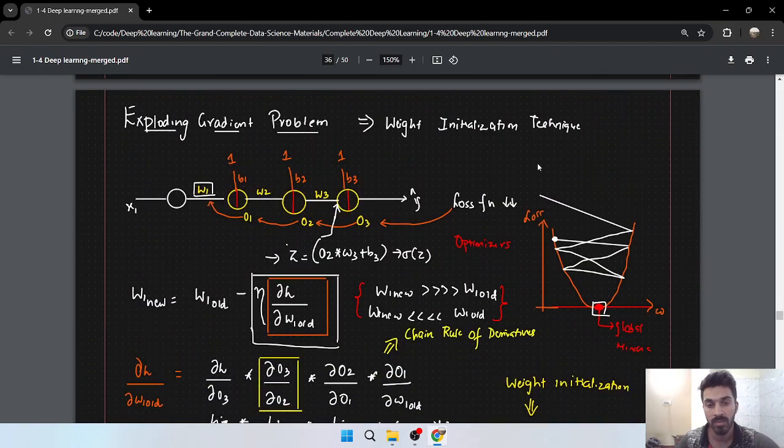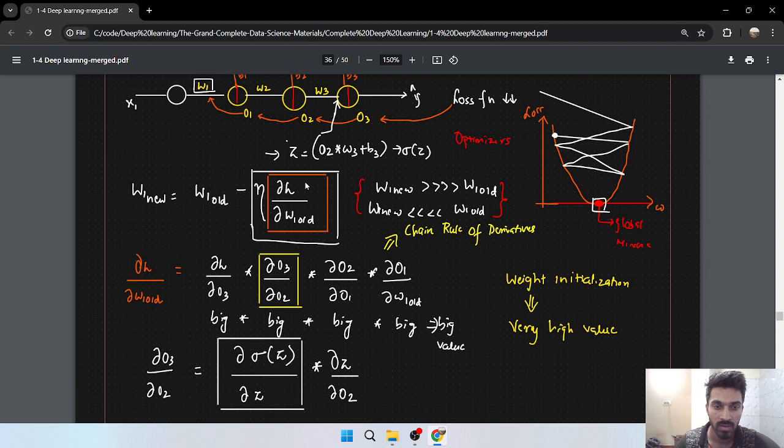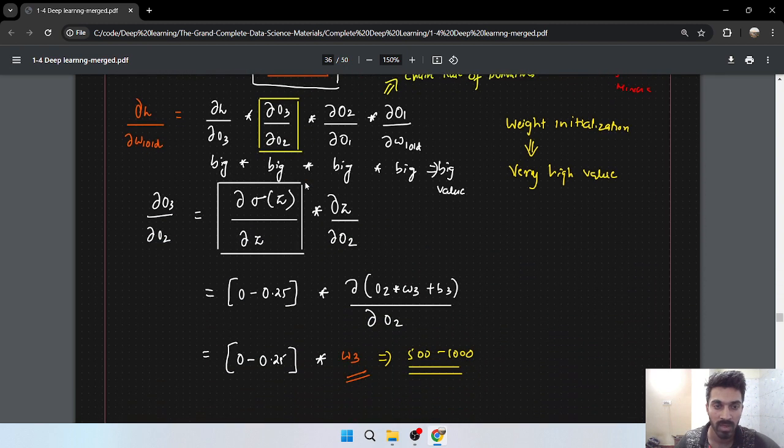So, exploding gradient problem. What is the exploding gradient problem? Suppose you have taken your learning rate as a very, very high number, and your loss is very high. Then the weight updation will be very, very high. Your gradient descent curve will be jumping around and you will never reach your local minima. This problem is known as the exploding gradient problem.